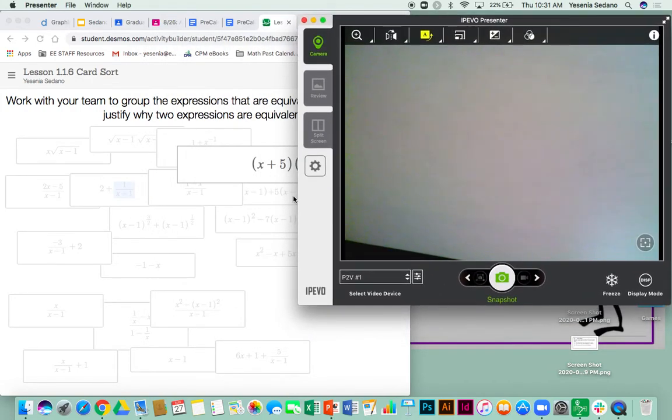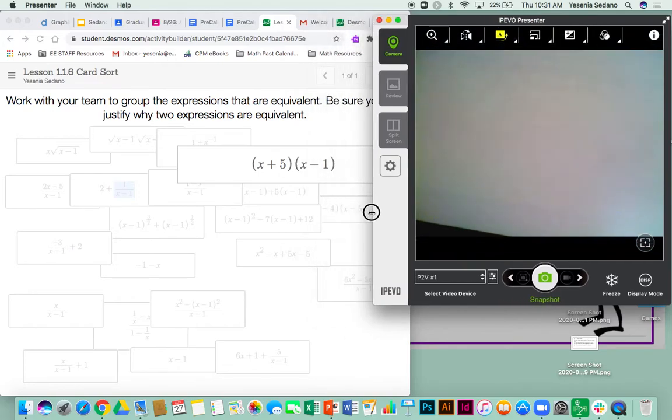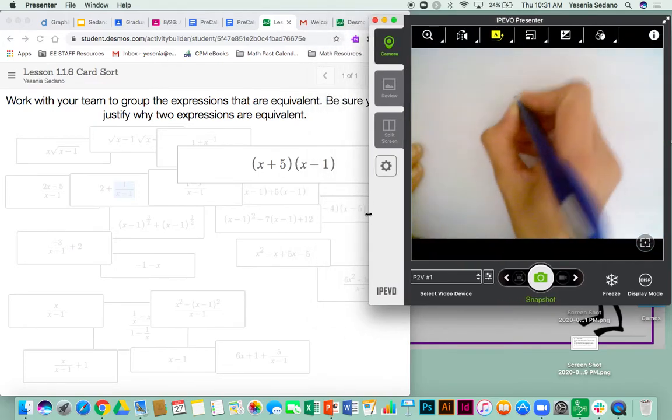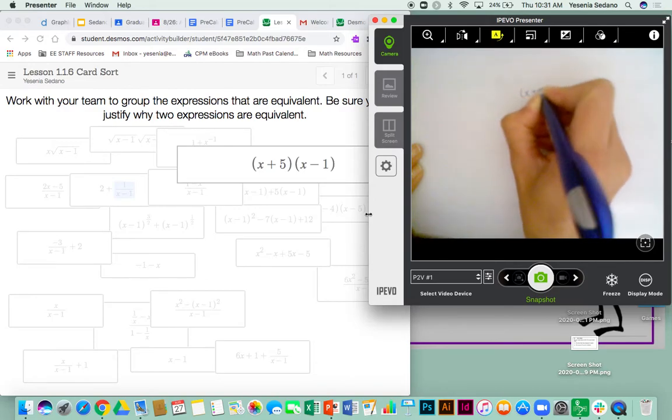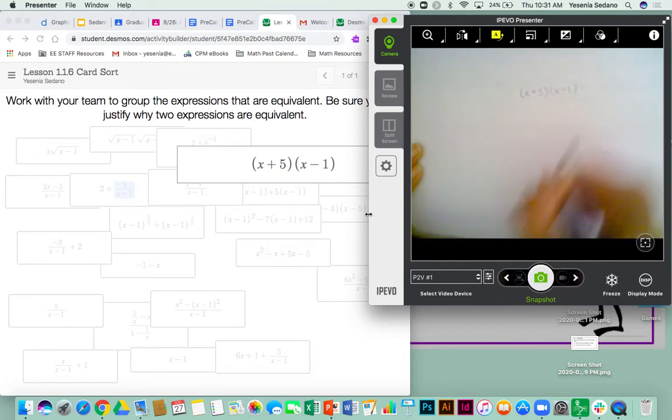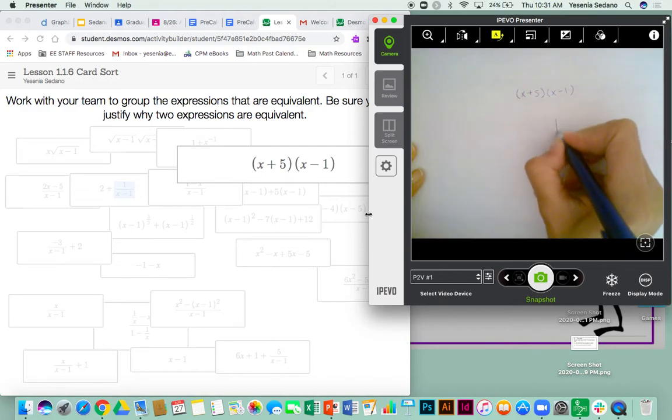Okay, so I'm going to go ahead and try to multiply this out. And you could either use FOIL or the box method. So I'm going to go ahead and show you using the box method.